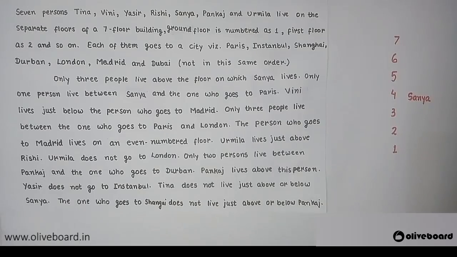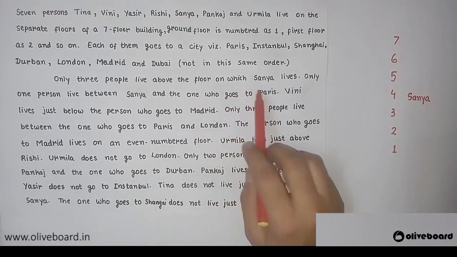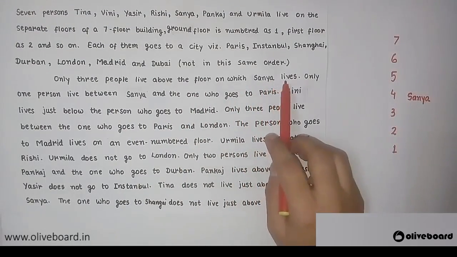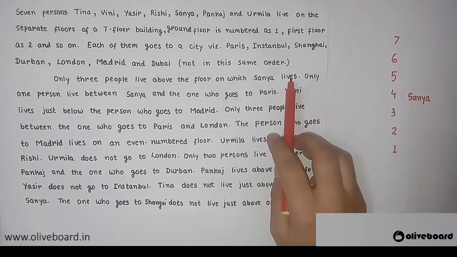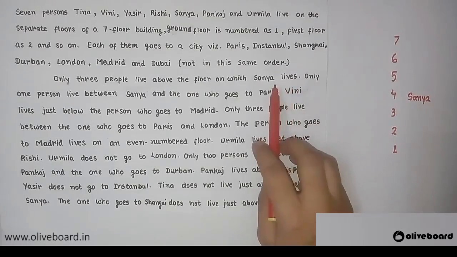So guys, as I have told you that you have to begin your question with a definite or a positive statement. So this is actually the positive statement with which I can begin my question. So we were lucky enough to get the first statement as the beginning statement.